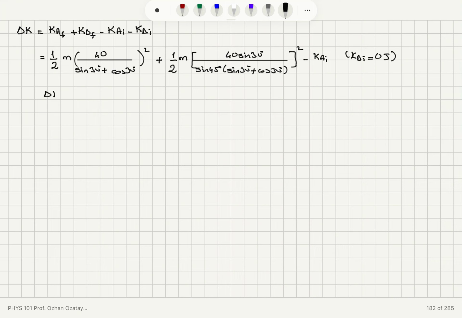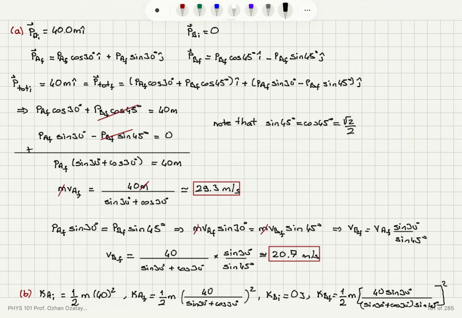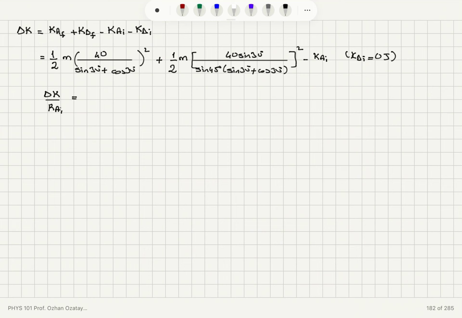So delta K, the change in kinetic energy, divided by the initial kinetic energy of asteroid A: we have to divide this by 1/2 m 40 squared, that's the initial kinetic energy.